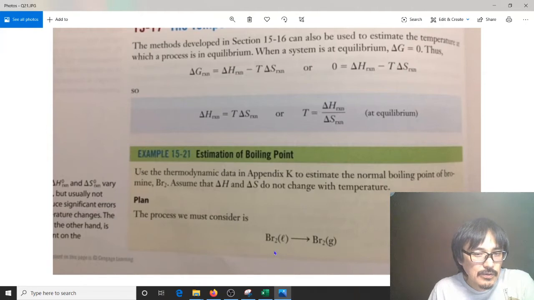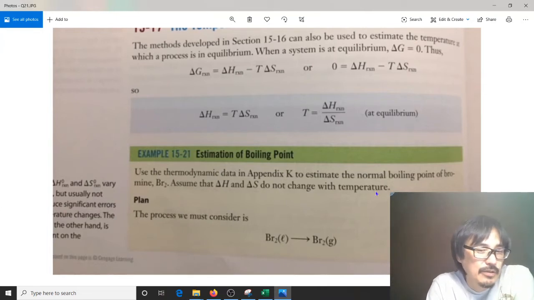Then let's do question number 21. We are going to figure out the normal boiling point of bromine, assuming that delta H and delta S do not change with temperature.